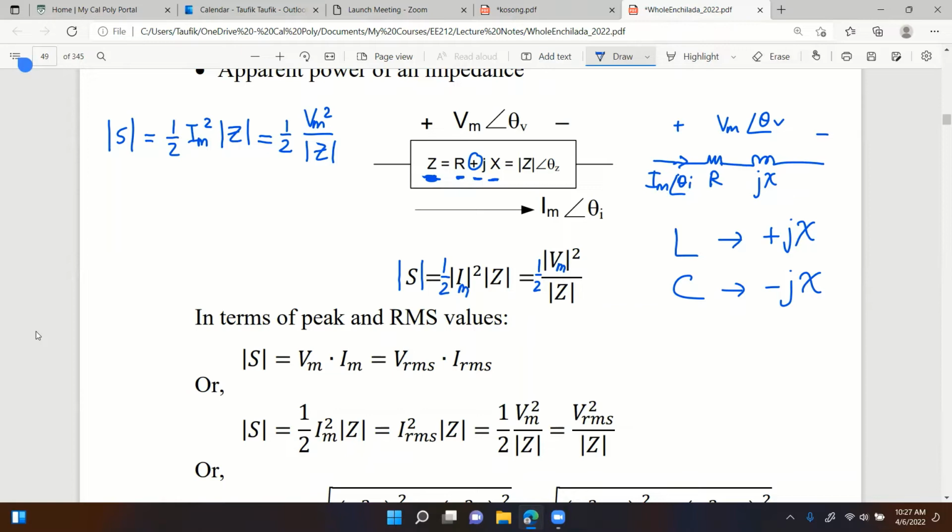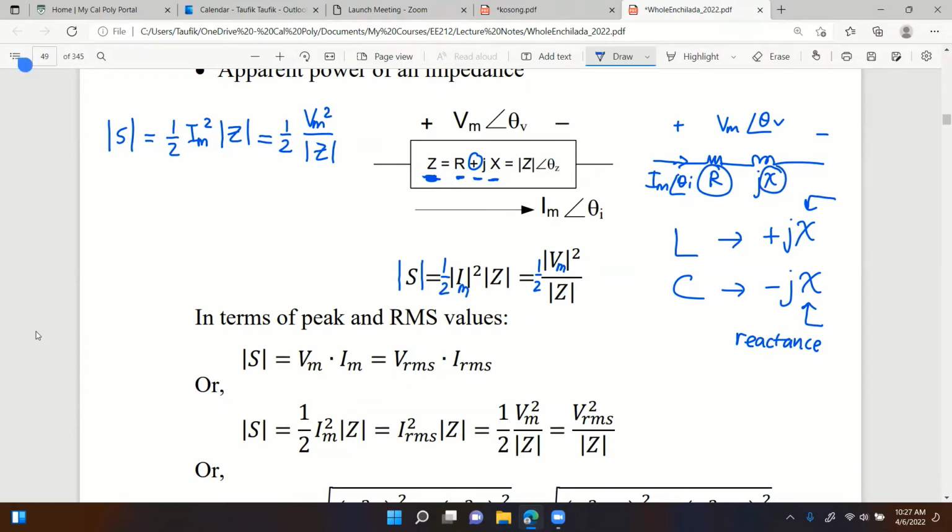How do we get minus from capacitance? What is X called, by the way? X is called reactance. So you have resistance and you have reactance.